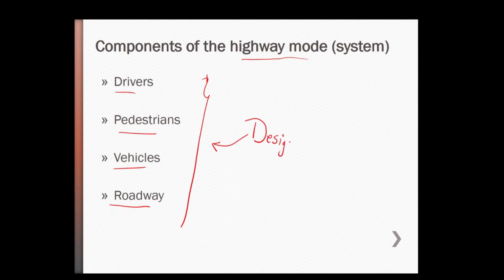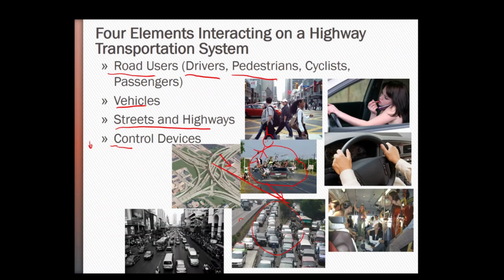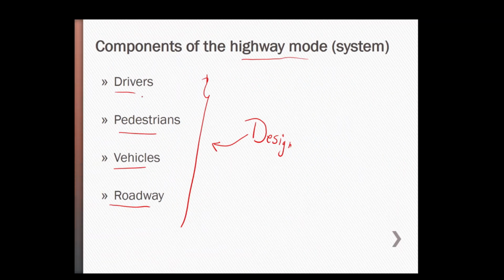When we talk now about highway design, drivers give us some inputs, pedestrians give us more inputs, vehicles and how they work, brake and turn give us some inputs, and finally the roadway also gives us some inputs, so we can design all these geometric elements.